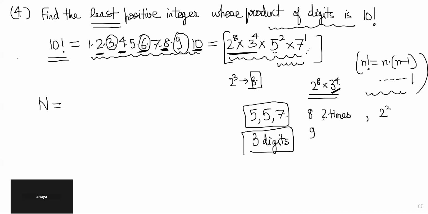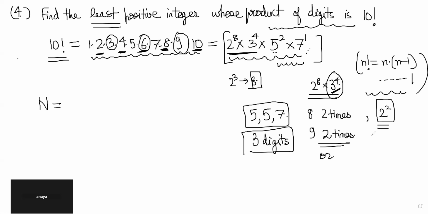So you can either do two nines, correct? That will completely handle all the 3 power 4. Or you could have one 9 and one 3 that you can combine with the remaining.